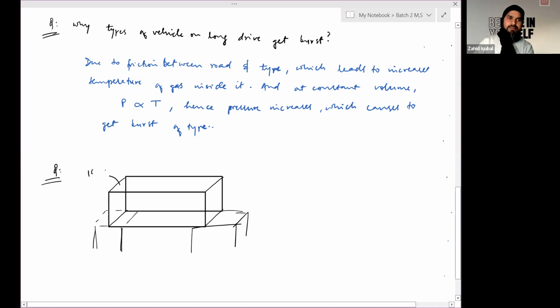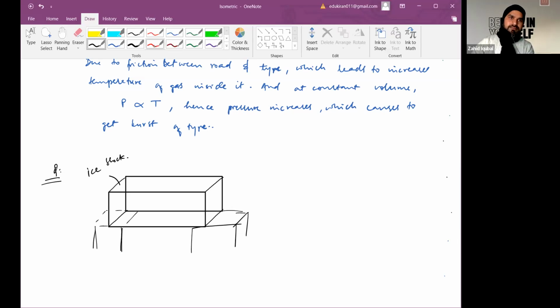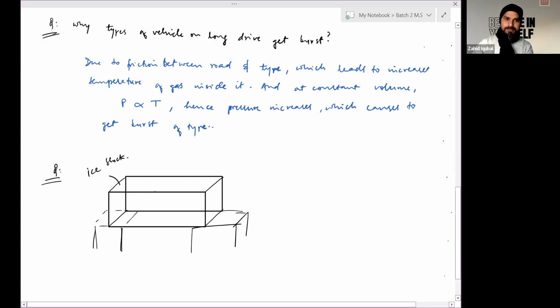This is the ice block. Now, take any wire, place it horizontally at this point, and attach some mass to it at both ends.